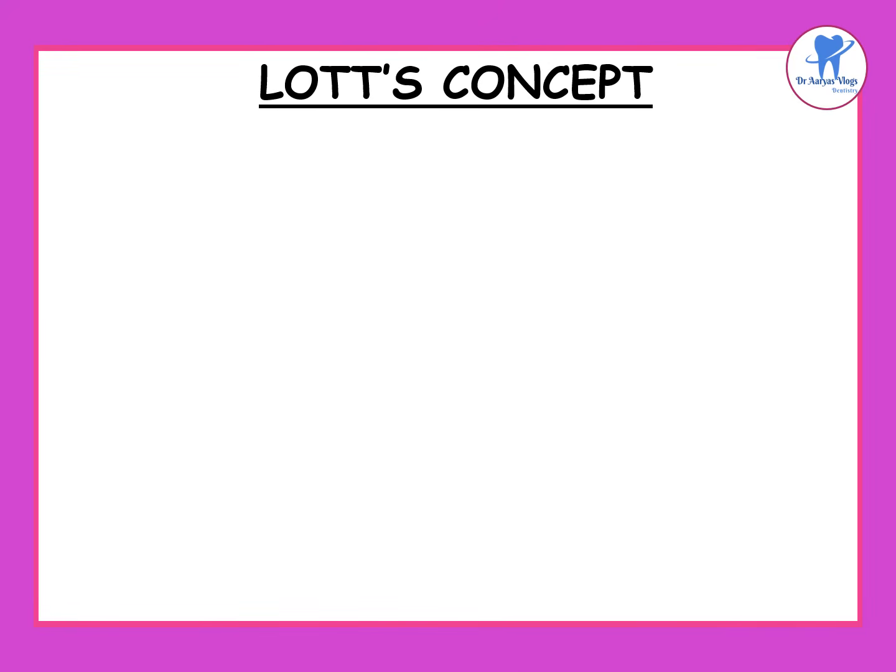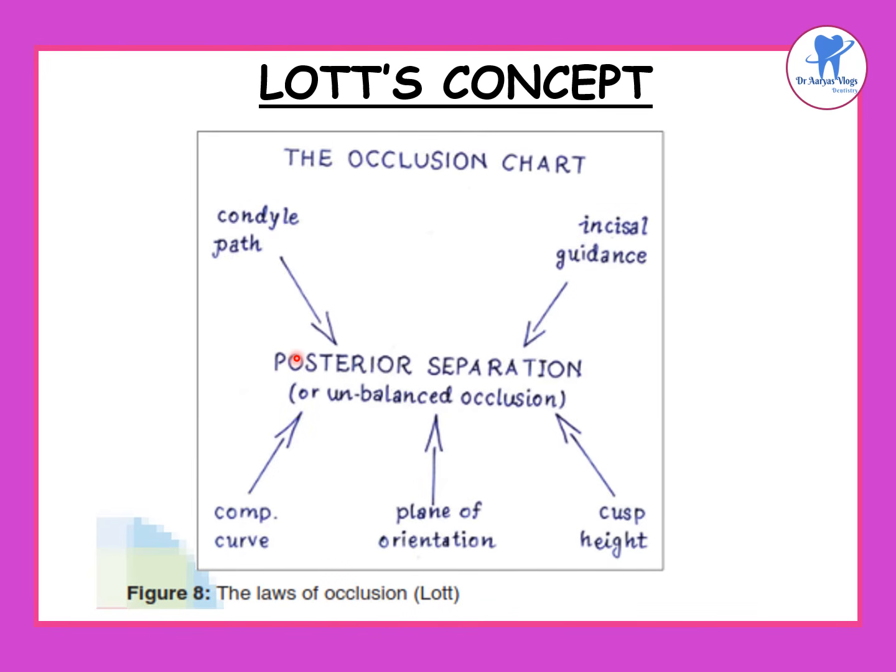What is Lord's concept? Lord clarified Hanau's laws of occlusion by relating them to the posterior separation, that is the resultant of the guiding factors. The greater the angle of the condylar path, the greater the posterior separation during protrusion. The greater the angle of the overbite, the greater the separation of the anterior and posterior regions, irrespective of the angle of the condylar path.